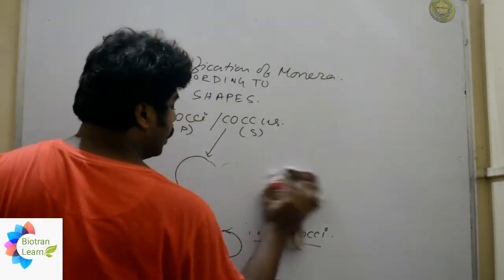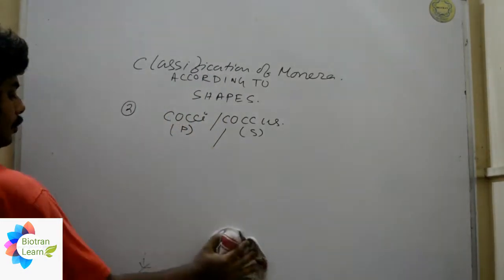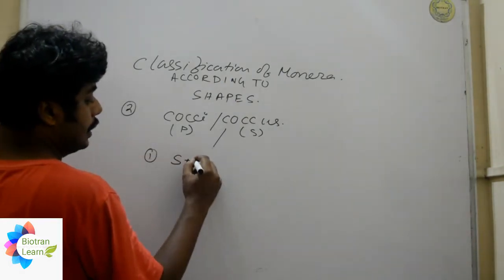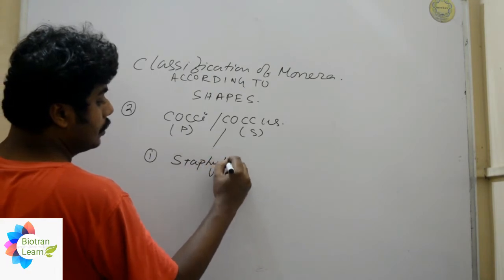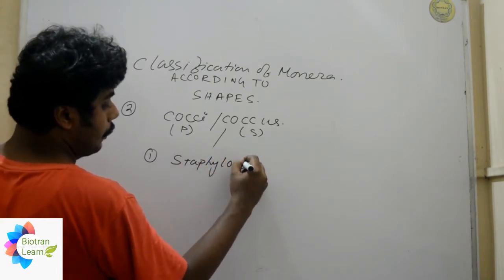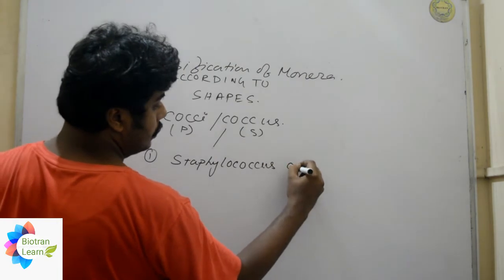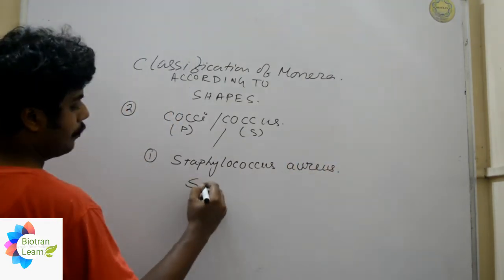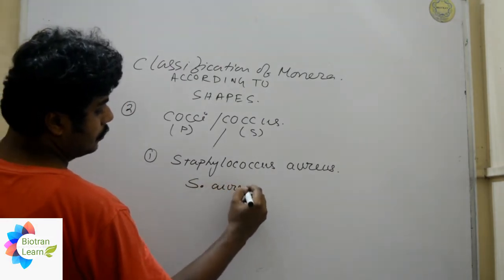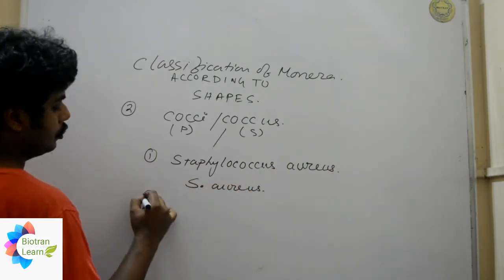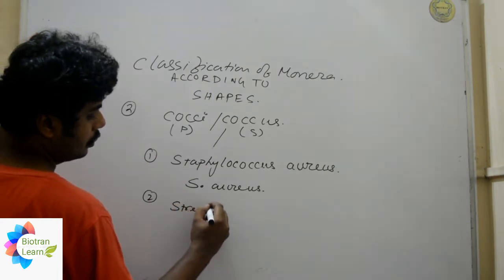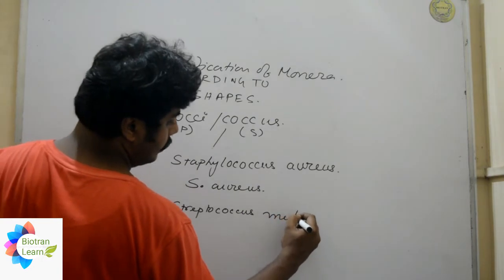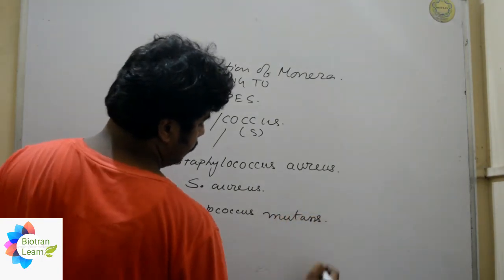This one could have some examples: number one, Staphylococcus aureus, or maybe Staph aureus. Number two, Streptococcus mutans, etc. Right?